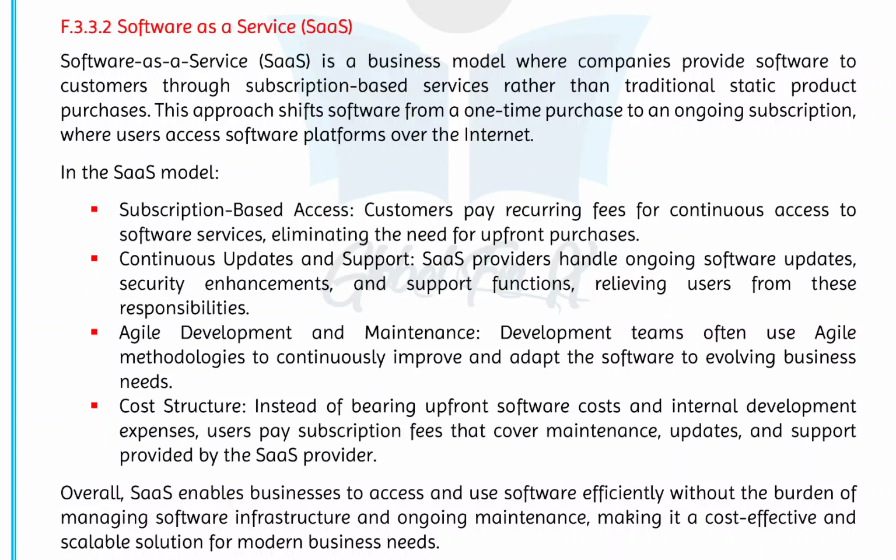So they have the software and you are paying a subscription fee to use their software. You are not going to buy the software. You are not the owner of the software. The owner is Netflix. You are just paying them to use it as a service. Right? That is called a SaaS model.